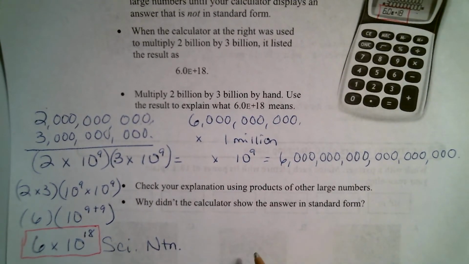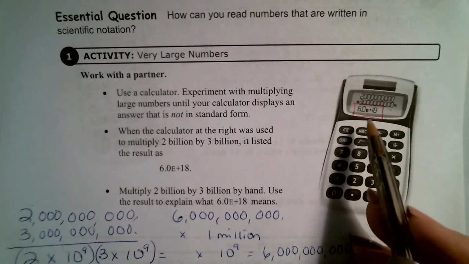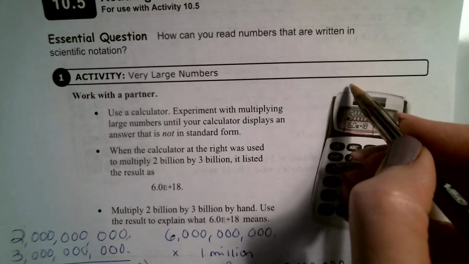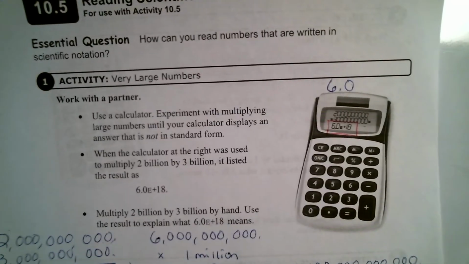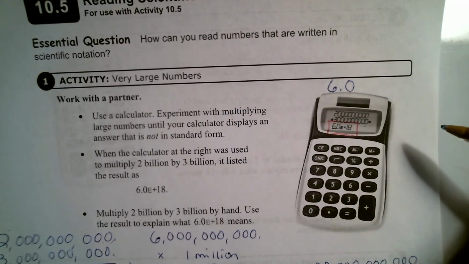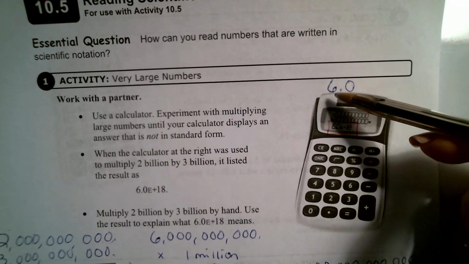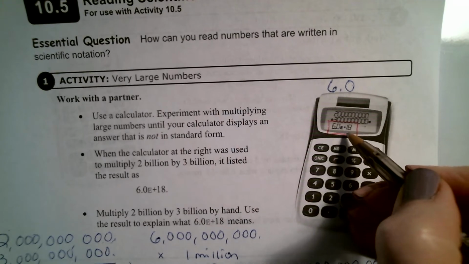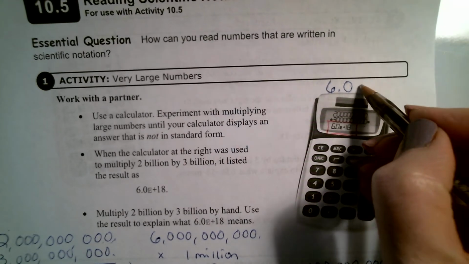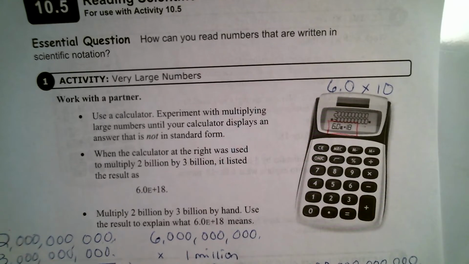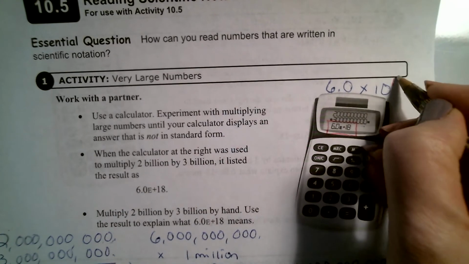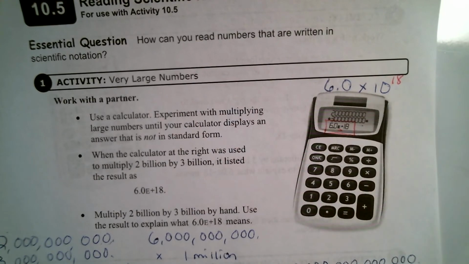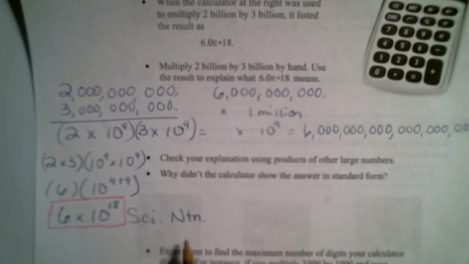So what it's going to do is give you part of the scientific notation, right? Those significant digits there is 6.0, a number that's greater than 1 but less than 10. And this is telling me the exponent on the power of 10. 10 to the positive 18. So that little e stands for the exponent on a power of 10, which is what we got right down here.